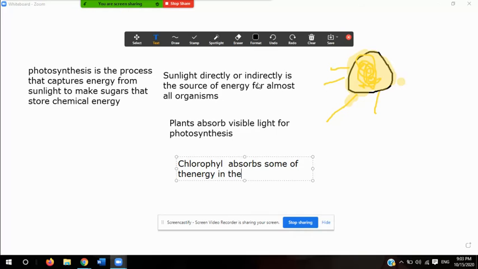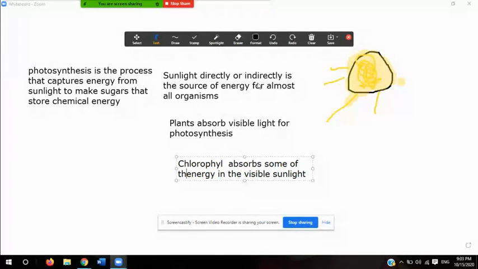Chlorophyll absorbs some of the energy in the visible sunlight.